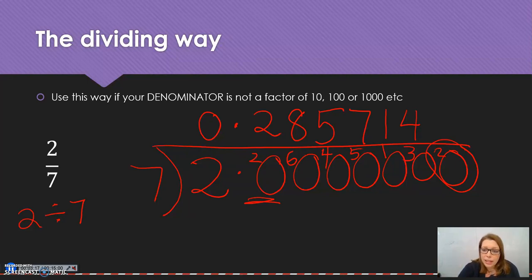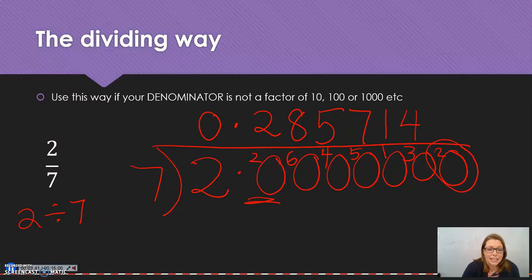So I'm going to cut it there and say that 2 divided by 7 is 0.285714. It's not the easiest decimal to work with, but that's the way it is when it comes to some fractions that do have some numbers, especially prime numbers, as our denominator.